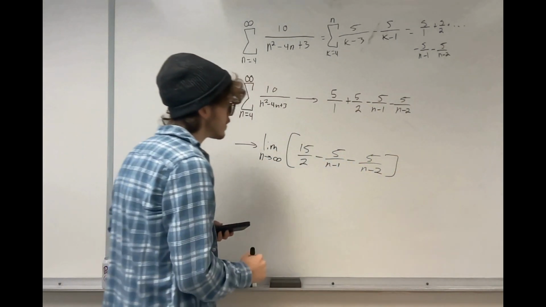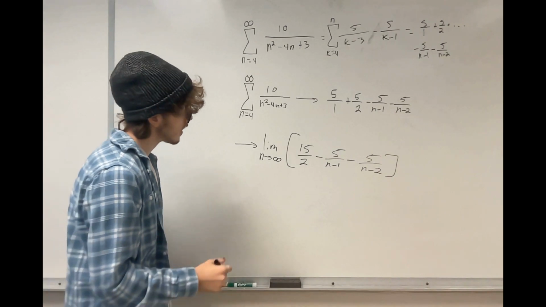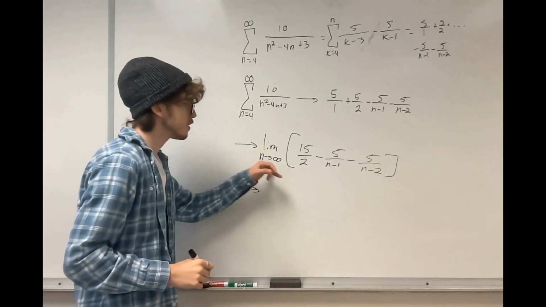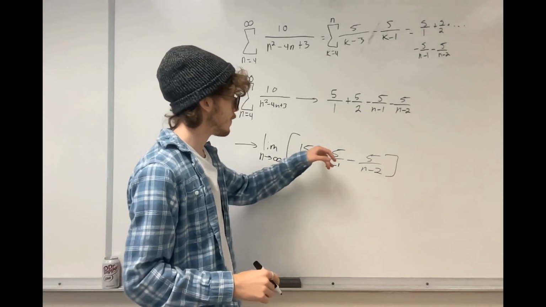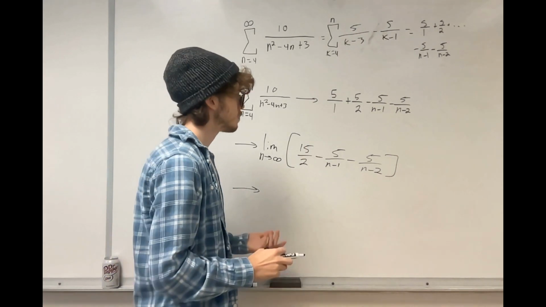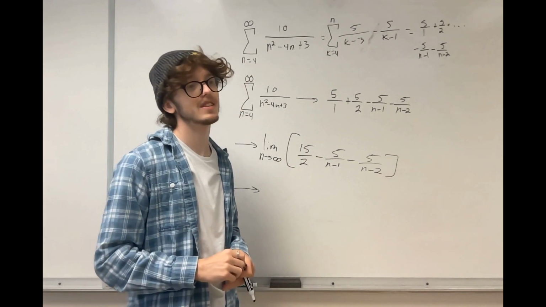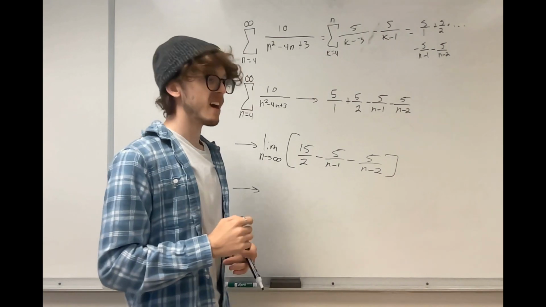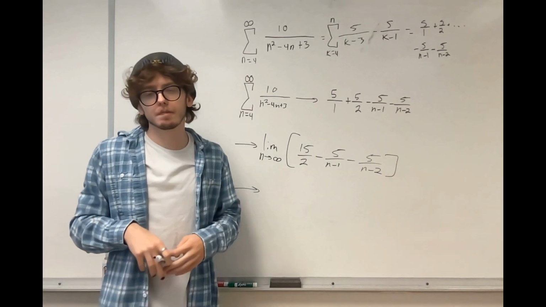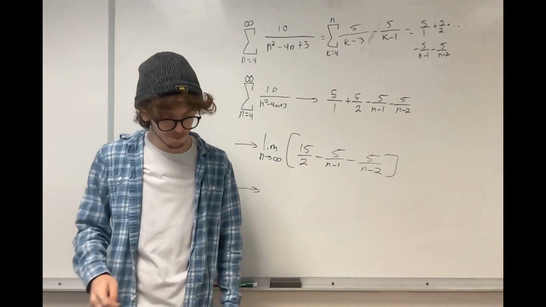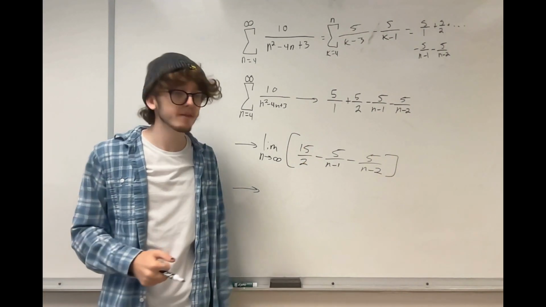So let's evaluate the limit. What happens as n approaches infinity? Well, we're going to get 5 over infinity. What does that simplify to? Well, we know anything over infinity is 0, because if I have one cookie and I say, split that cookie up to 1,000,000 people, are you going to have any cookie left?